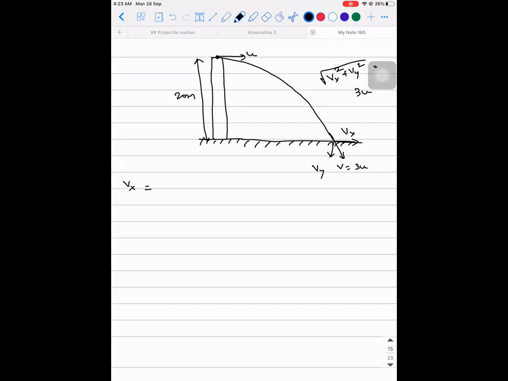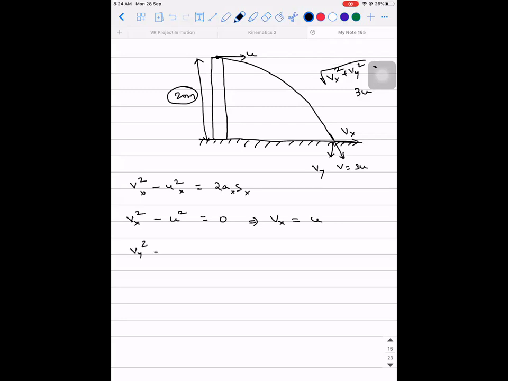Since we don't have time, we have only displacement in our hand. What formula can we think of which gives a relation between velocity and displacement? V square minus U square is equal to 2as. Yeah, that's right. So use V square minus U square is equal to 2as along x direction. Vx square minus ux square is 0. Acceleration along x direction is 0. So Vx will still be equal to u only.